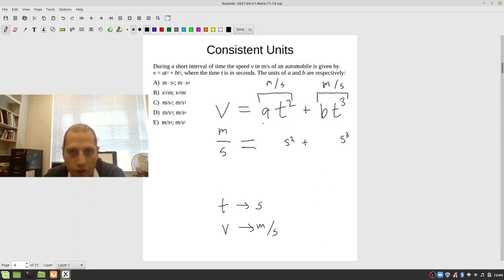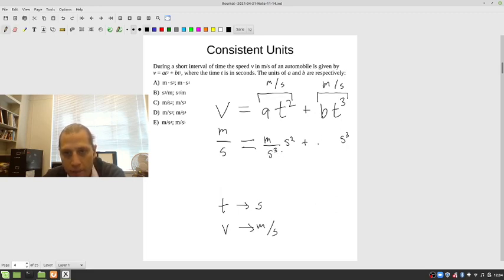And so that tells me what kind of units I need on A and what kind of units I need on B. For A, just to cancel out my seconds squared there, I need a seconds squared on the bottom. And then, to get meters per second, I'm going to have meters per second times seconds squared on the top, which will give me meters per second.